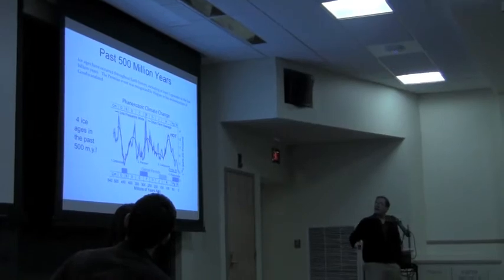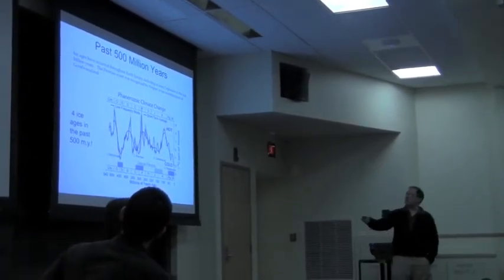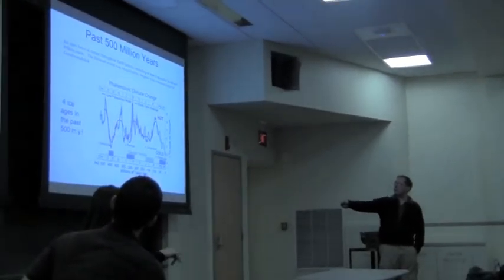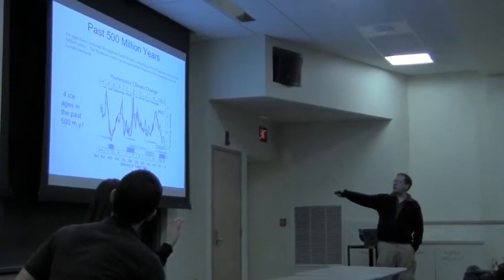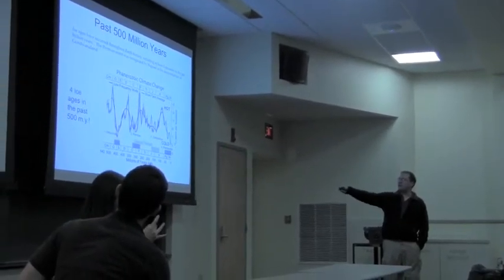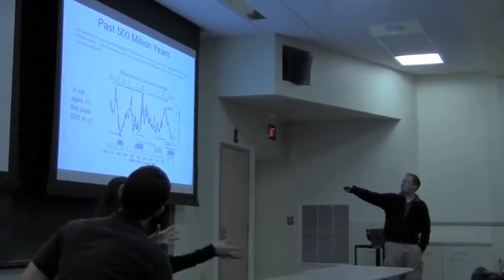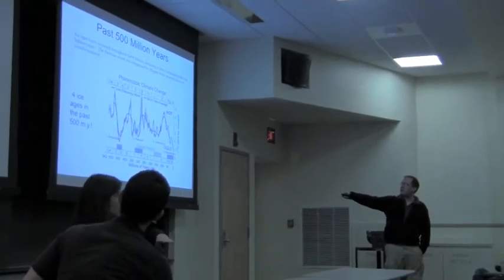Going back even further, over the last 500 million years, what's known as the Phanerozoic. Here we are today. This is 540 million years ago. This is, again, looking at oxygen-18 records from sediments, not all of them seafloor sediments, but from other places. You can see that there are periods where temperatures are much hotter than average, and periods where temperatures are much colder than average.